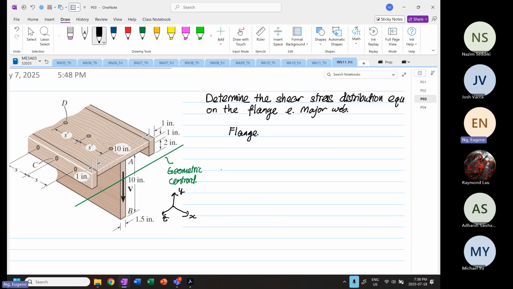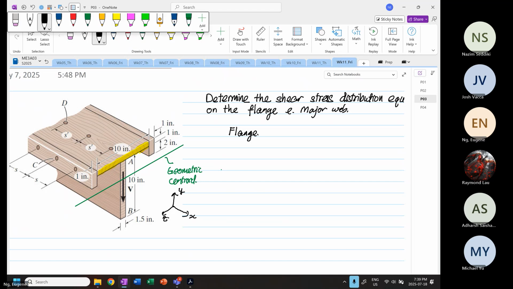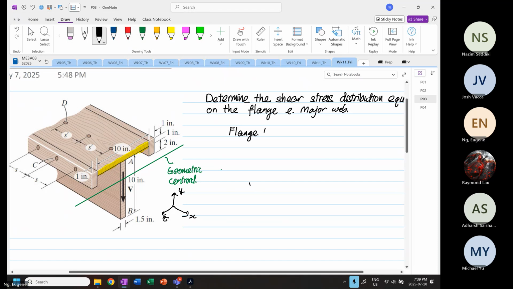The flange is basically this region over here that I'm highlighting in yellow. The distribution equation for this case at the flange will be a function of Z.